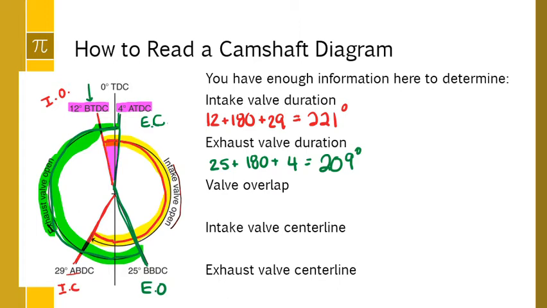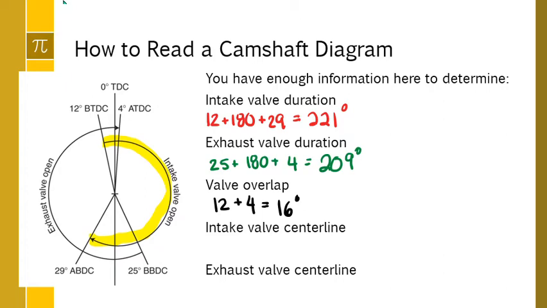So when I look at that, I'm going to say I opened my intake at 12 and then I closed my exhaust 4 degrees late. So there were 16 degrees of crank rotation where both valves were open. That is my valve overlap.